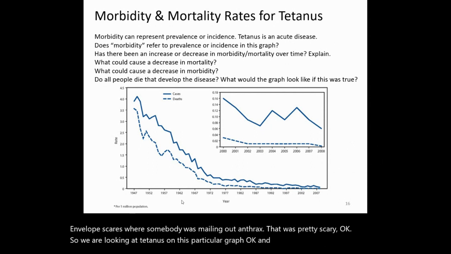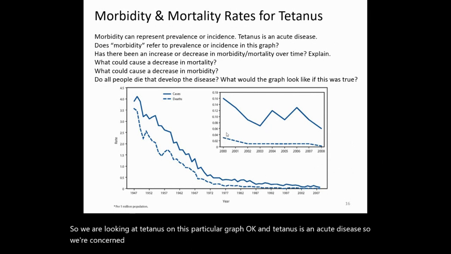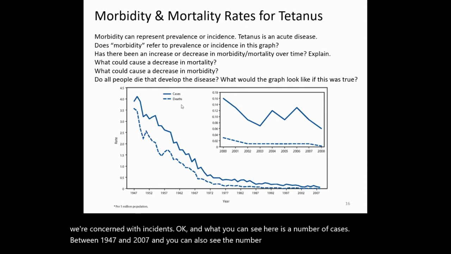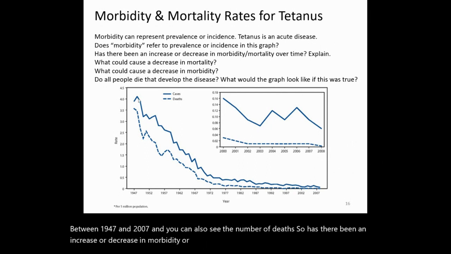Okay, so we are looking at tetanus on this particular graph, okay? And tetanus is an acute disease, so we're concerned with incidence. What you can see here are the number of cases between 1947 and 2007, and you can also see the number of deaths. Has there been an increase or decrease in morbidity or mortality over time?